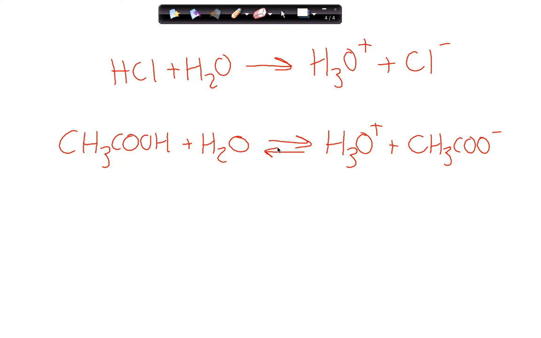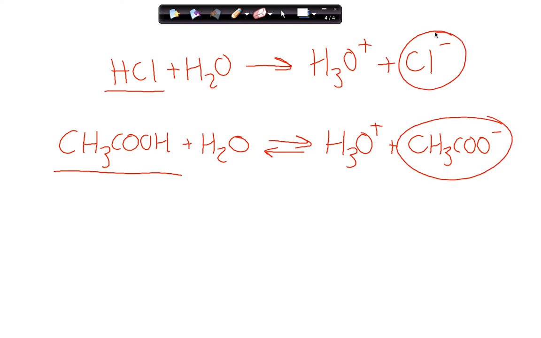Does that make sense? Because here's the question. Guys, why is HCl a strong acid and why is acetic acid a weak acid? You ready for the interesting answer? It's because of the conjugate base. The idea is this. Guys, chloride is a worthless base.